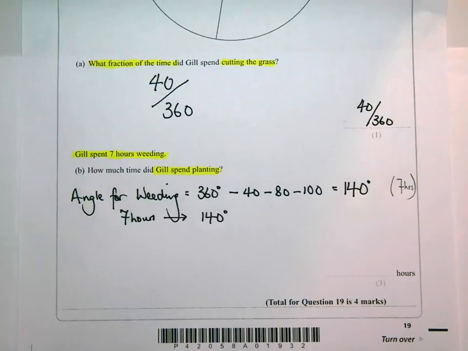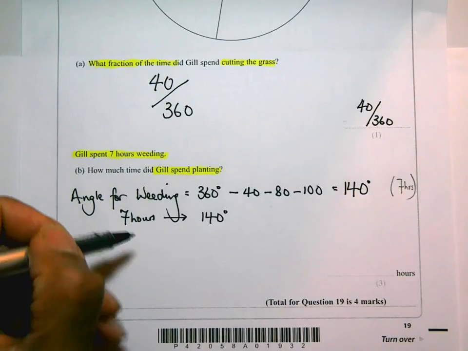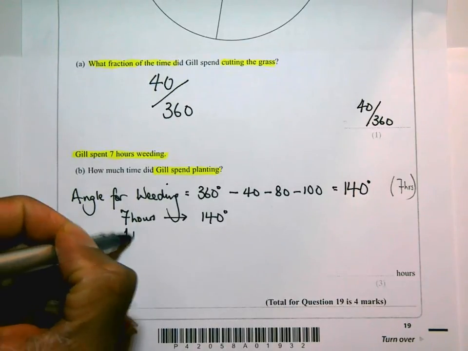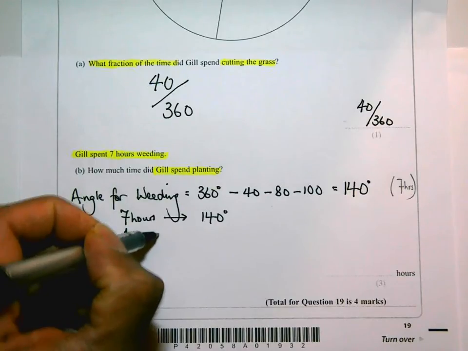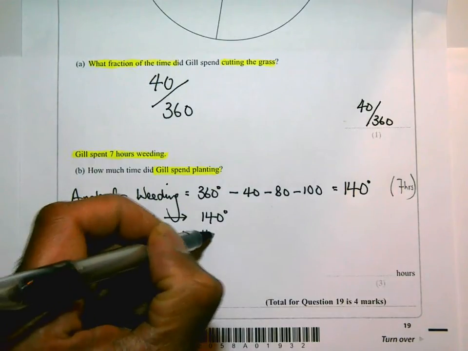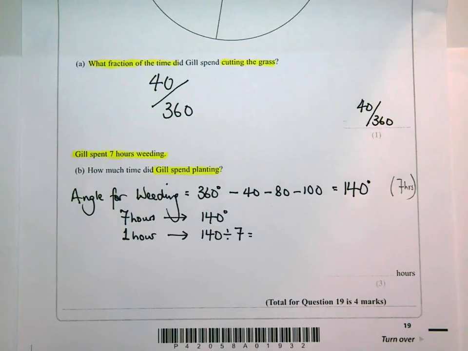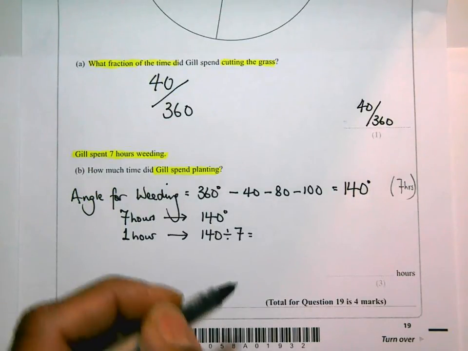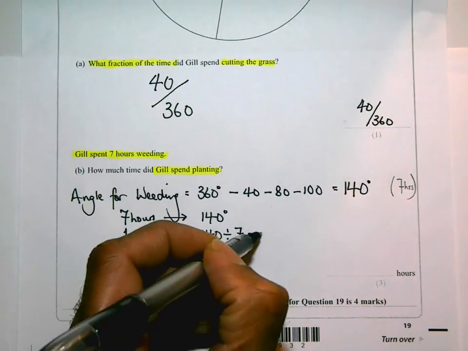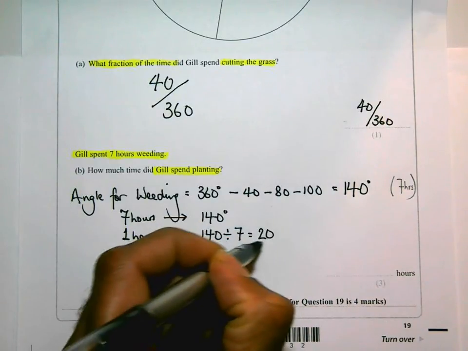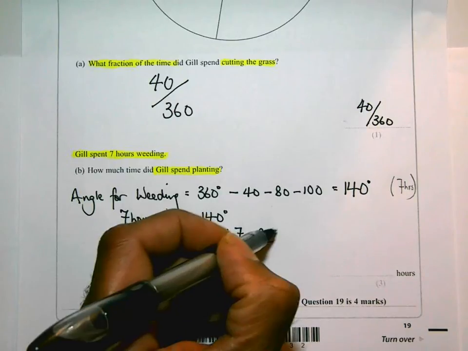Now, 1 hour is going to be 140 divided by 7. And I don't need my calculator for that. 7 goes into 14 twice. 7 would go into 140 20 times. So 1 hour will mean 20 degrees.